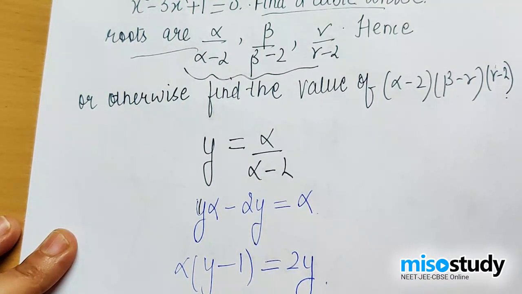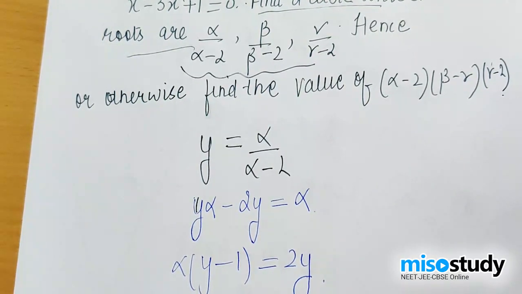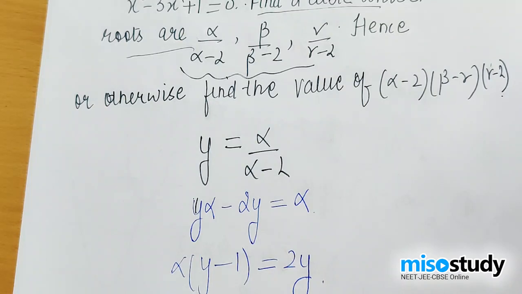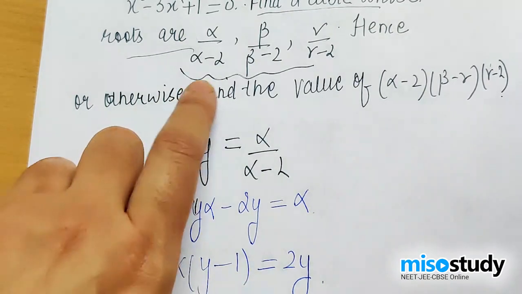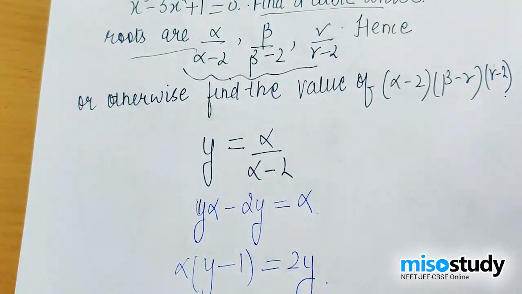Then I'll have alpha equals 2y upon y minus 1. This is a tedious step, you have to understand it properly. I want to make a cubic in y whose roots are alpha upon alpha minus 2. As you can see, they are all the same: in place of alpha it's beta, in place of beta it's gamma. Whenever you have a question like this, this is the way to approach all such questions.